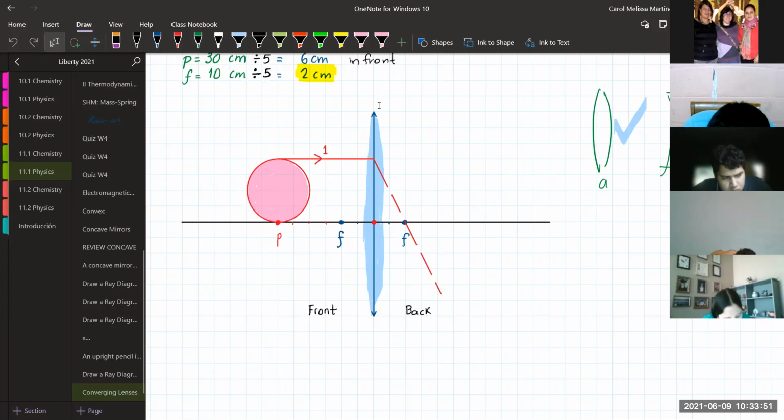It comes from the top of my object. It's going to pass through the center point, like that.